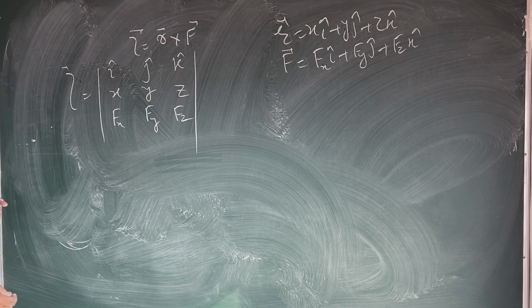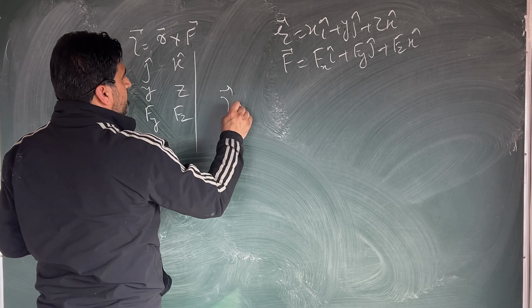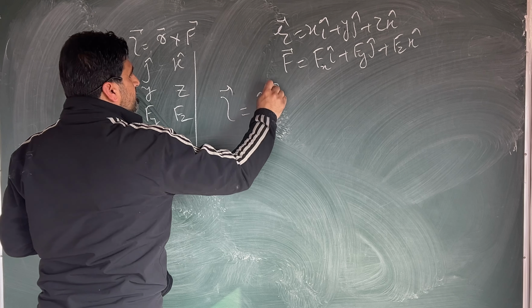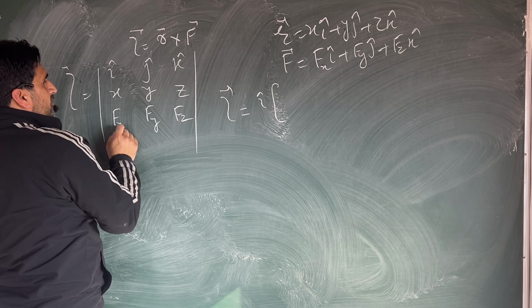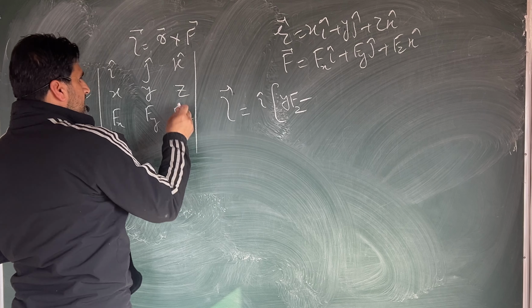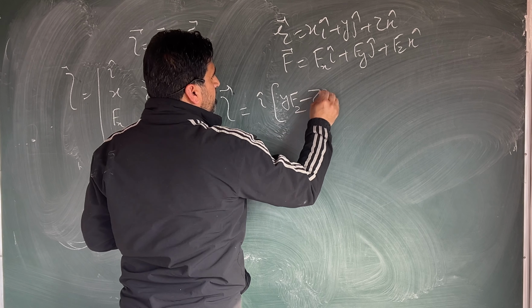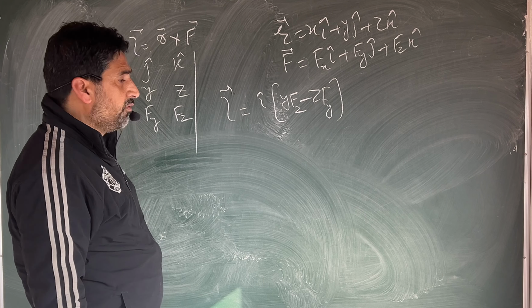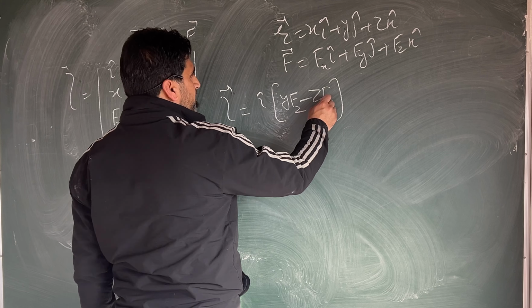Similarly, the way we did yesterday for angular momentum, we can do for torque. Drop this line and this line: i times (y fz minus z fy). Here z and y are subscripts, meaning force along the respective axes.